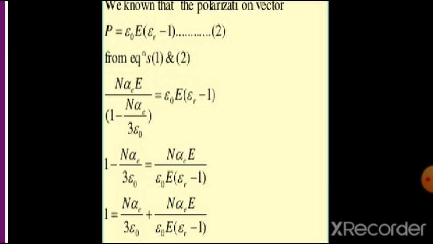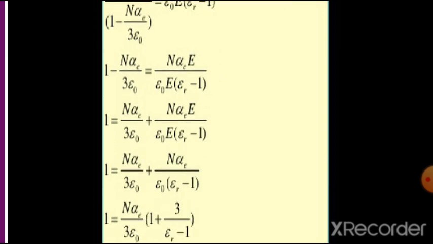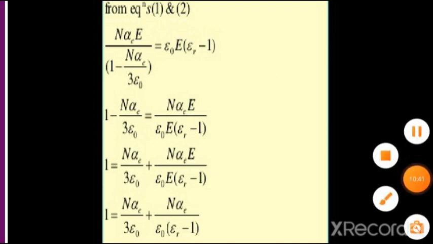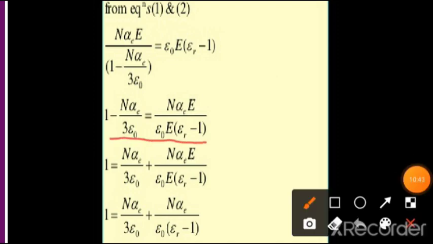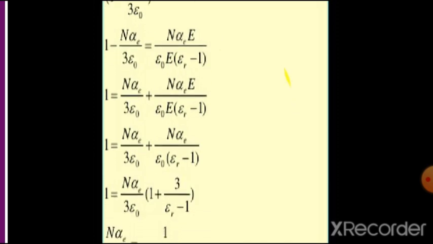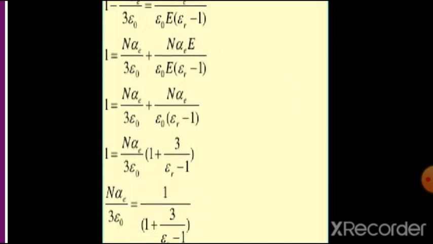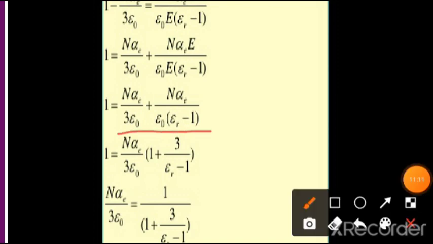From equations 1 and 2, we get 1 minus n alpha e by 3 epsilon naught equals n alpha e by epsilon naught into epsilon r minus 1, and so on.